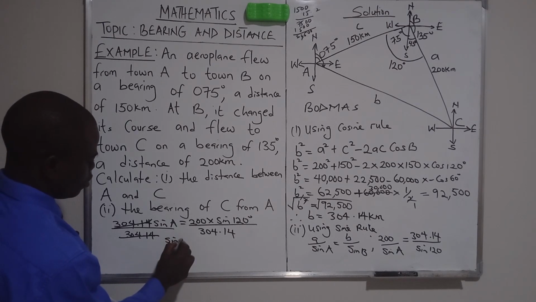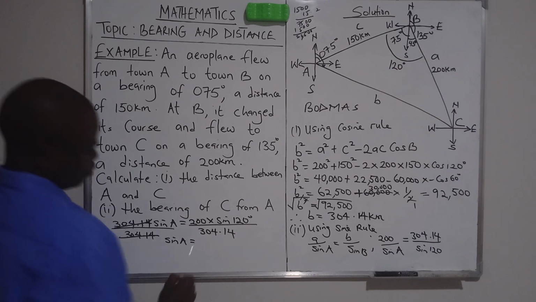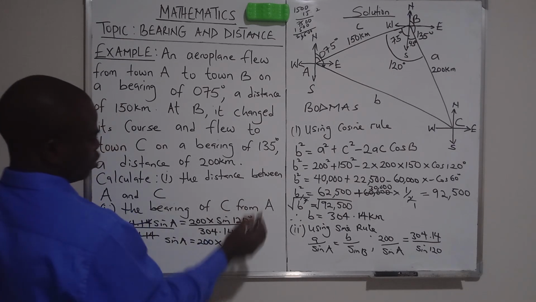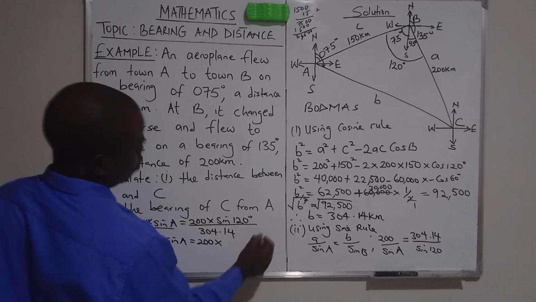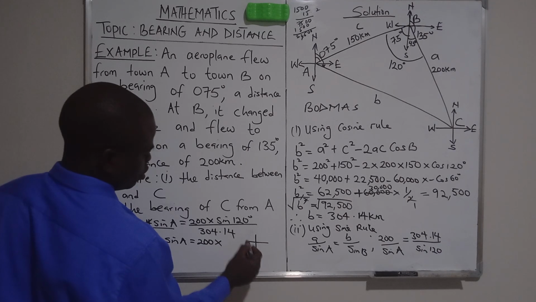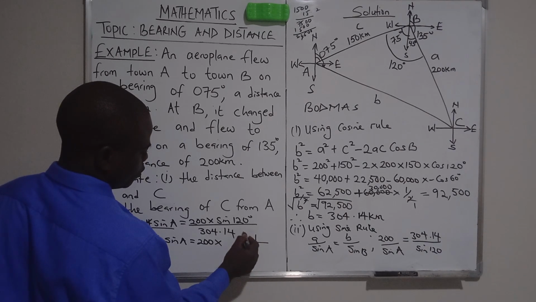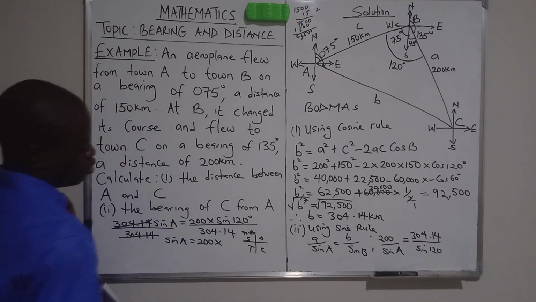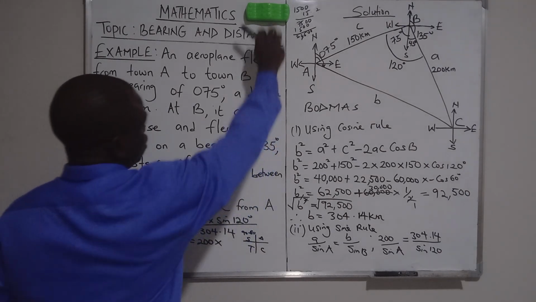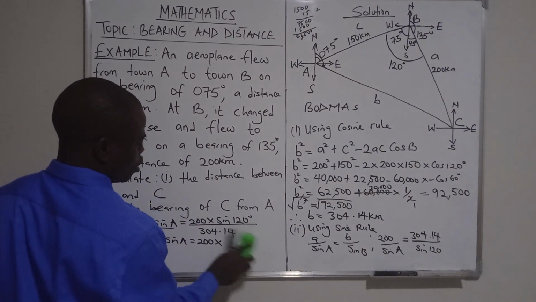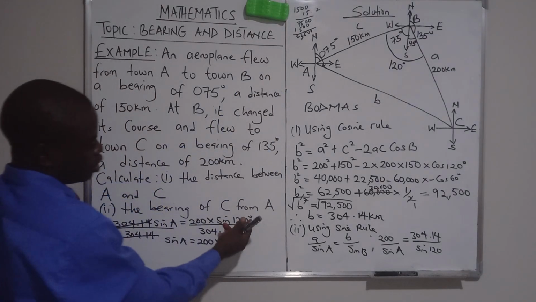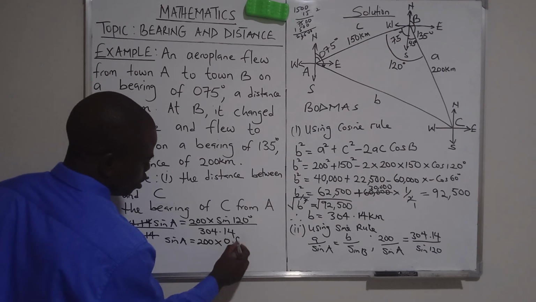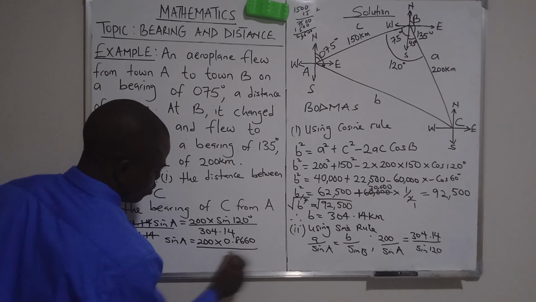We have sine A equals 200 times sine 120. It falls in the quadrant 90 to 180, where only sine is positive, which means sine 60. You can press the calculator directly, but if you are using the four figure table, look for sine 60. You have 0.8660.